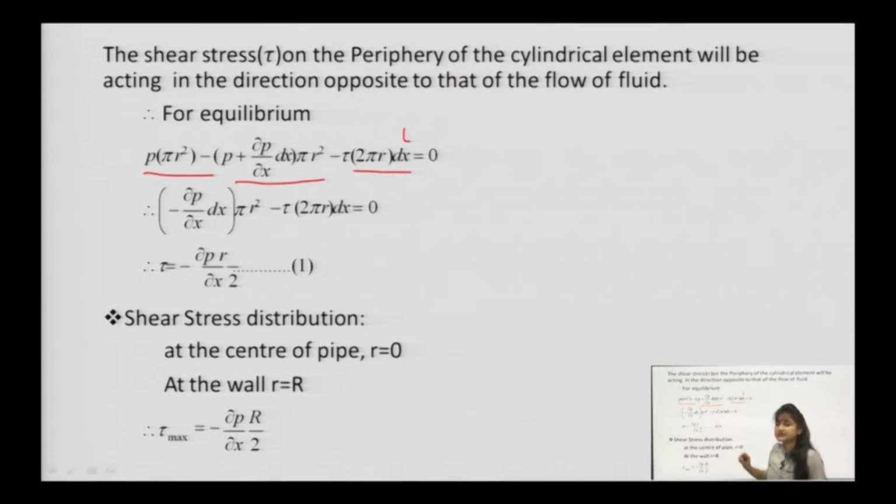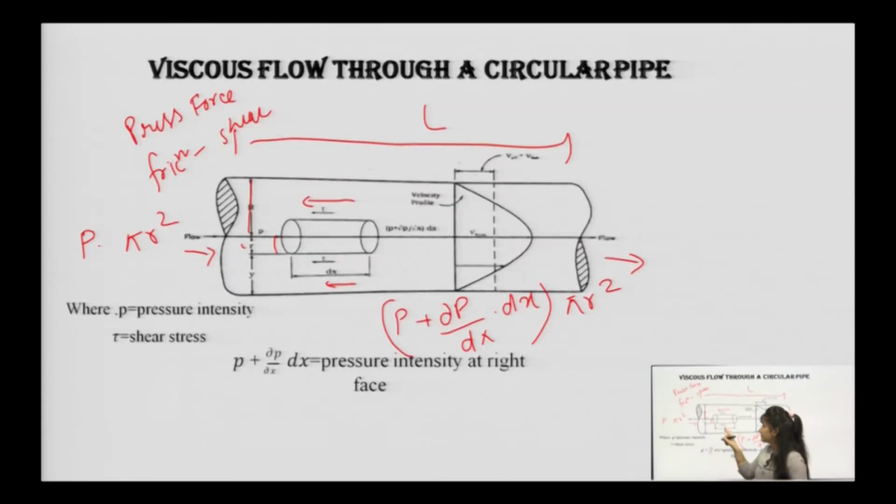Shear force will be shear stress into the area, with a negative sign because it acts in the opposite direction. After calculating this equation, you get shear stress as the negative of the change in pressure with respect to distance x, times r by 2, where small r is the radius of this elemental fluid.